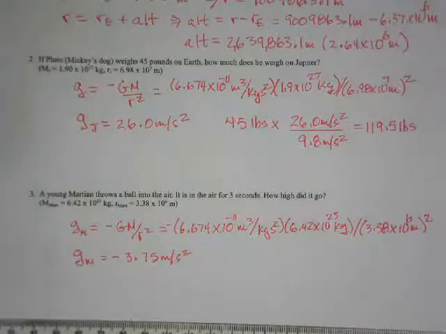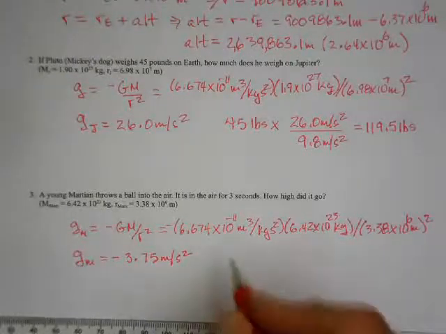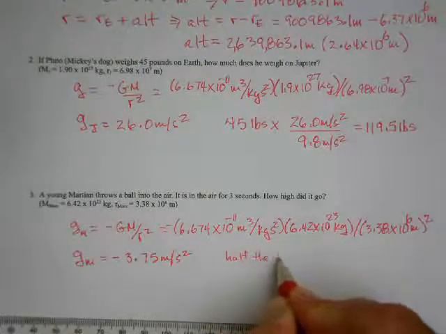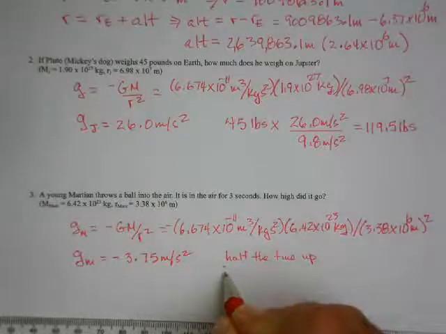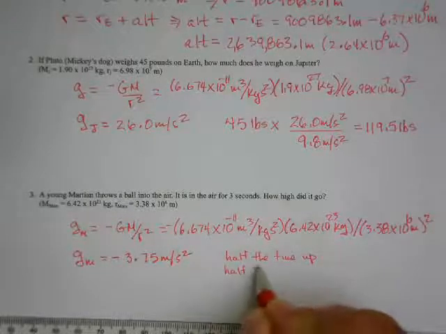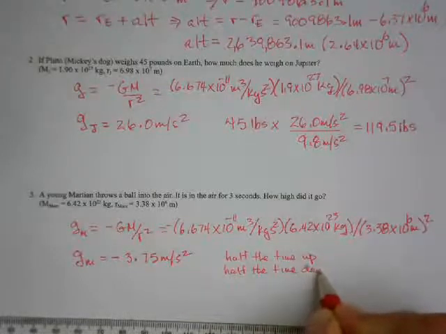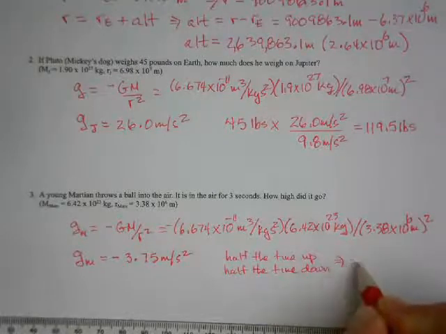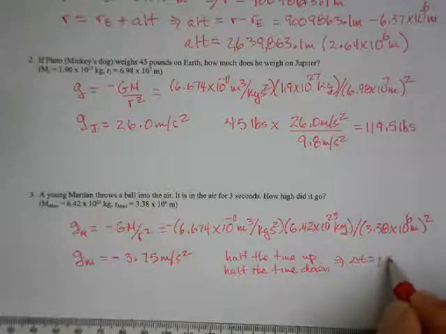If I think about, hey, I threw the ball up, so half the time up, half the time down, which means I can use delta t. In this case, will be 1.5 seconds going down.